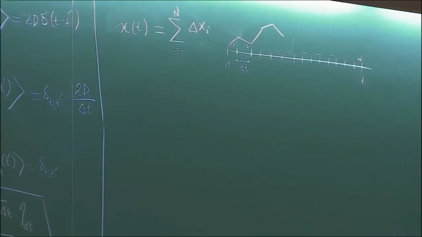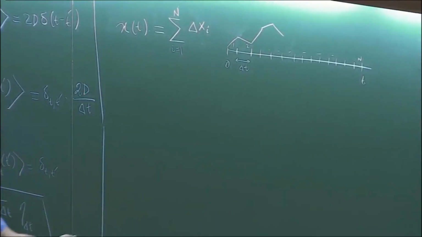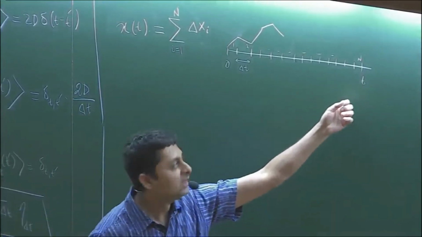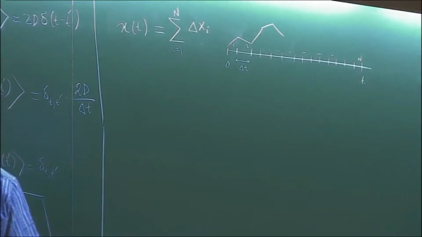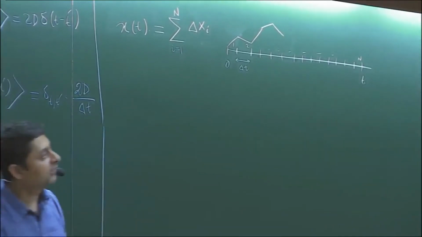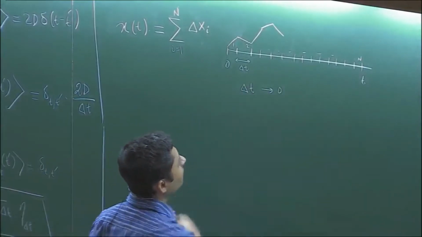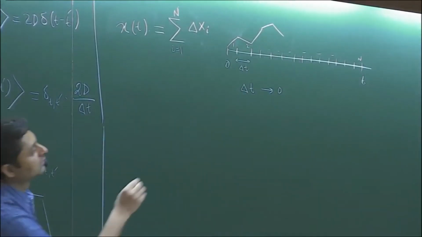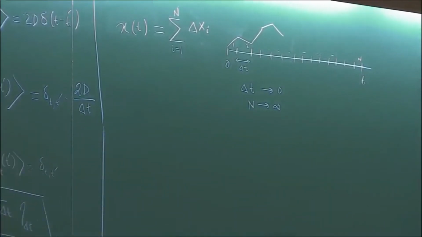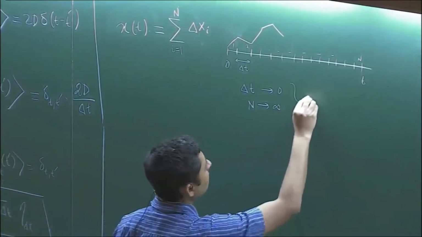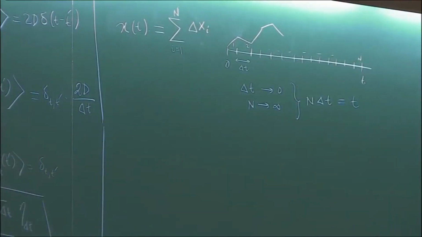So such that, what is n? N is some arbitrary thing, right? What is given is basically t. So delta t and n are something we have just put in. Finally, you have to take delta t to 0 and n to infinity, keeping n times delta t equal to t fixed, right?